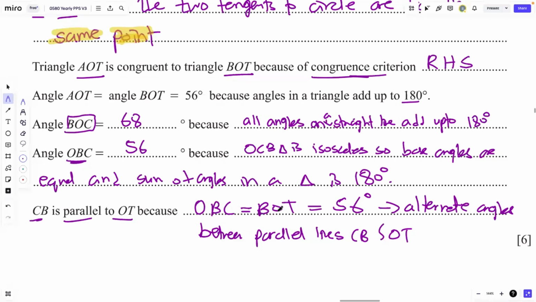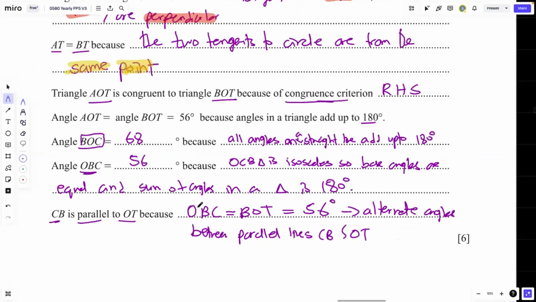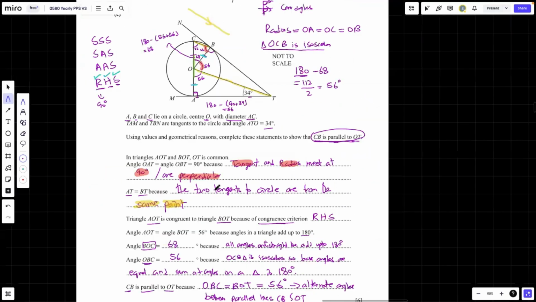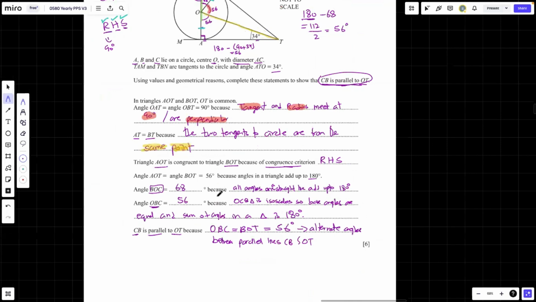So the angles OBC and BOT are both equal to 56. They are alternate angles in parallel lines, and that proves that the lines are actually parallel. Yeah, so that sums up our entire circle theorem question. Let's move on.